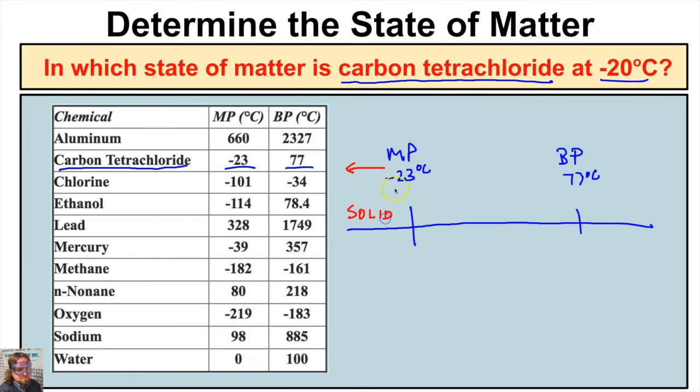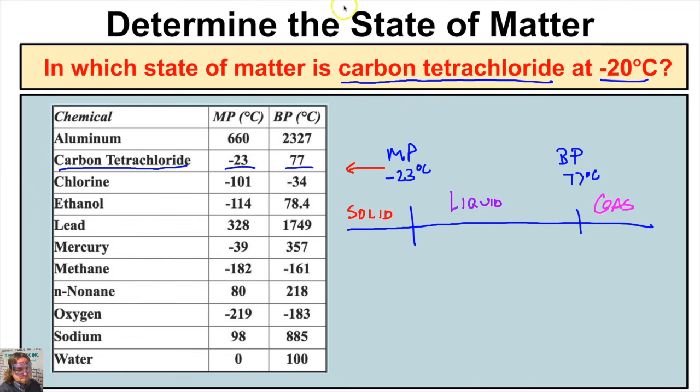So everything that is a colder temperature than this will be a solid. And then everything that is between the melting point and the boiling point here will be a liquid. And now everything that is beyond 77 degrees Celsius, or everything that has a higher temperature than 77 degrees Celsius, will end up being a gas right here.